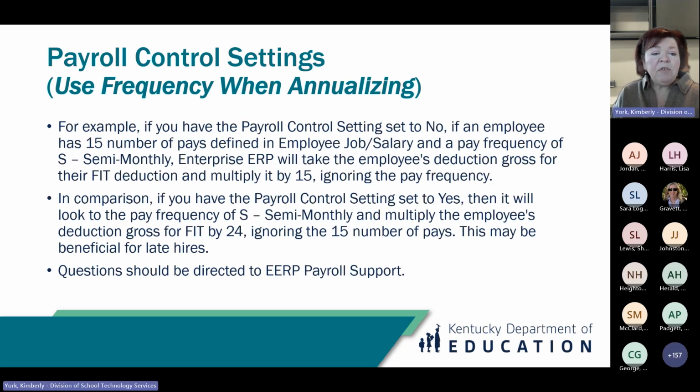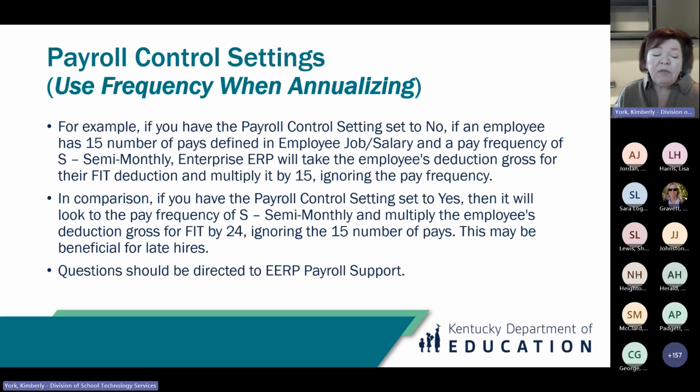So for an example, if you have the payroll control setting to no, if an employee has 15 number of pays defined in employee job salary and a pay frequency of S, which is semi-monthly, Enterprise ERP will take the employee's deduction gross or FIT deduction and multiply it by 15, ignoring the pay frequency.